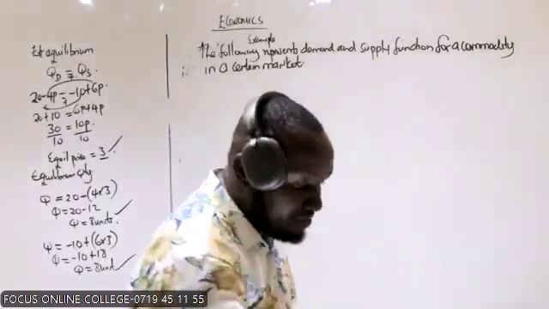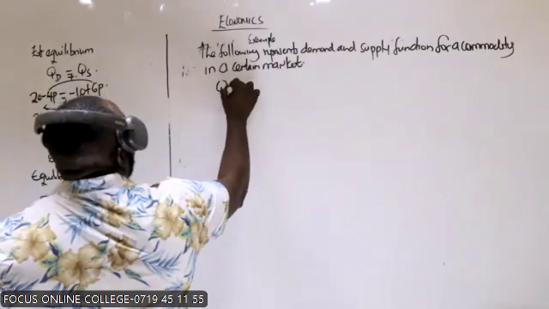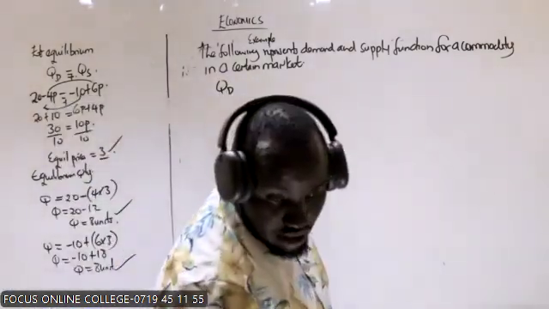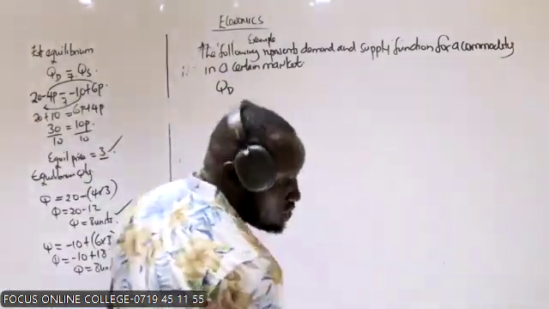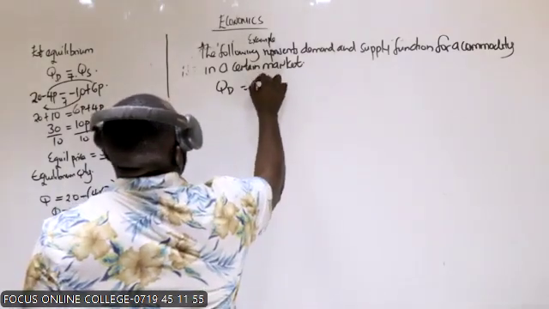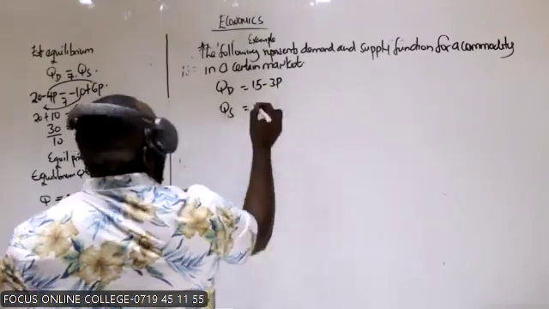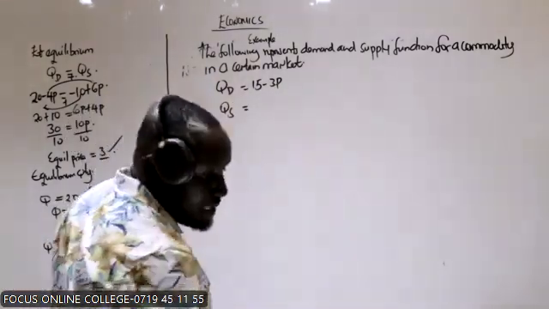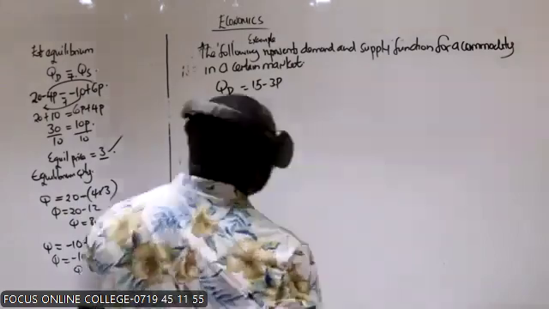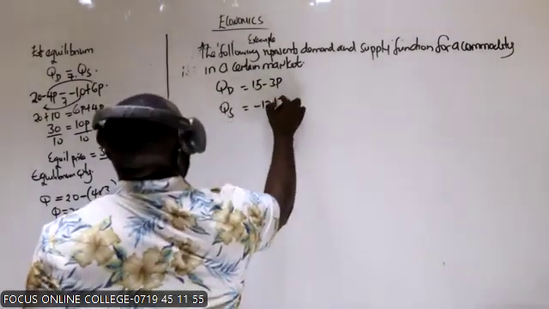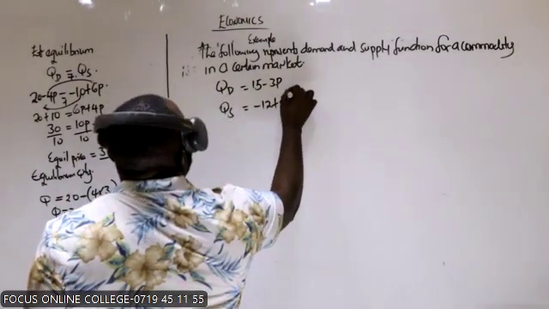So we have the demand function QD is equal to 15 minus 3P. Then you have QS being negative 12 plus 9P.